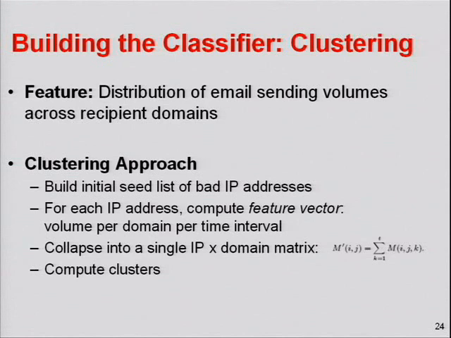The feature that we start with is let's look at the email sending volumes of each IP address across a set of recipient domains. By domains here, I mean a name, like gatech.edu or google.com. So what this assumes is the ability to observe the sending behavior of an IP address across many, many domains. That sounds really hard, but in fact, it's not.